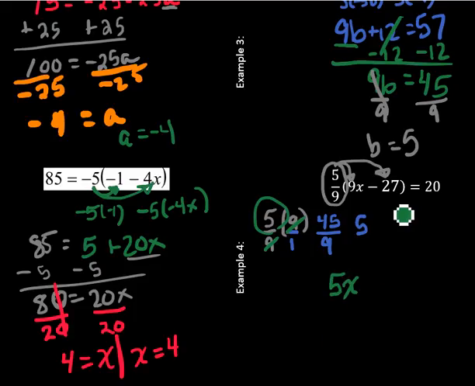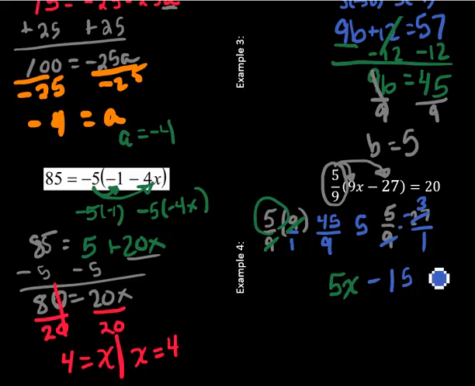And now we're going to do 5/9 times 27. And again, I'm going to put the 1 underneath it. Okay, and then we're going to cancel. 9 goes into 27 3 times, and then 5 times 3 is 15. And it's going to be negative, because this was a negative 27.